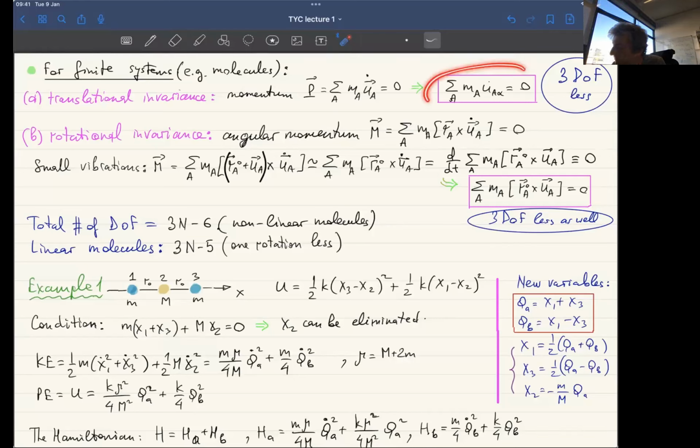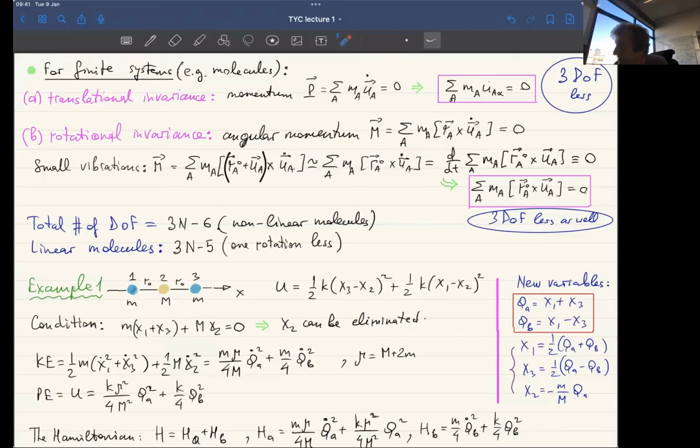So there are three equations, with alpha equal x, y, and z, generally for the three components of the momentum. There's also rotational invariance. If you consider the angular momentum of the system, it should be conserved as well. The angular momentum of the system is given by a vector product of the atomic position and its velocity, u dot, and we sum over all atoms of the system.